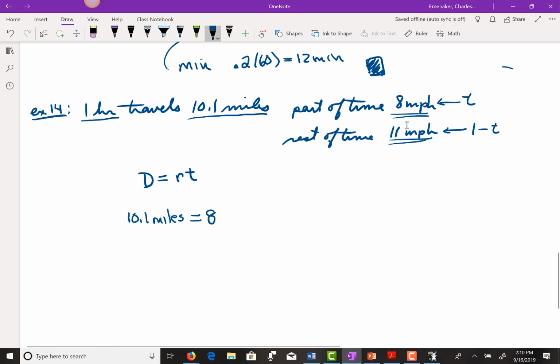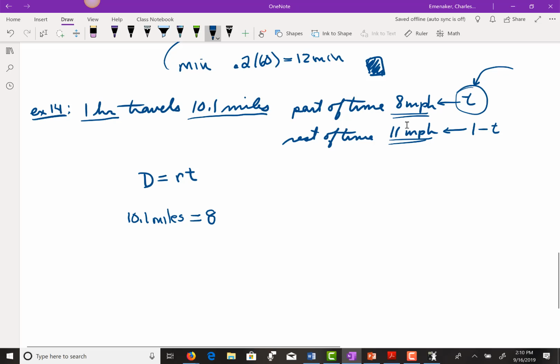Do we know? Could it be longer than an hour? No, because the total time you were riding was 1 hour, wasn't it? So it has to be less than an hour. But remember, we didn't know what it was, so what did we call it?